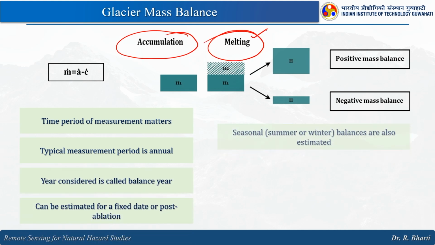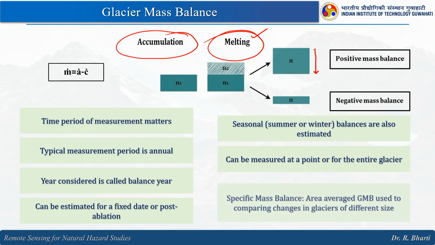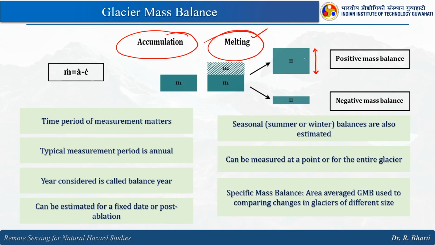This is basically ablation. If there is an increase in the mass balance, then it is positive. If there is a decrease in the mass balance, then it is negative mass balance. Till now I hope you have understood, if you have negative mass balance, you have more supply to the glacial lakes, and you have more vulnerability to the GLOF kind of disaster.